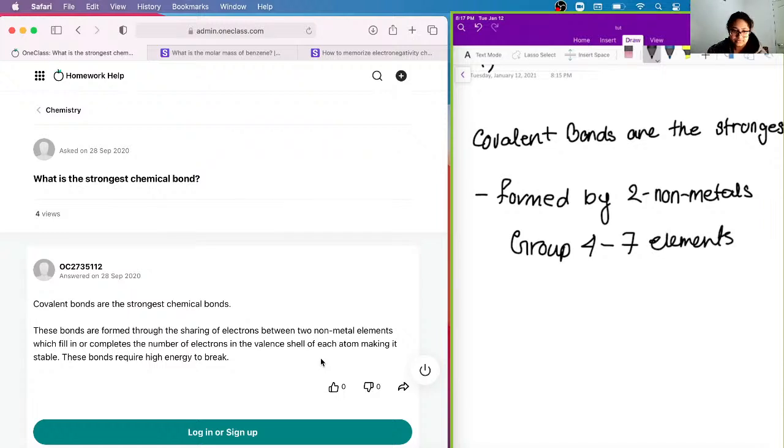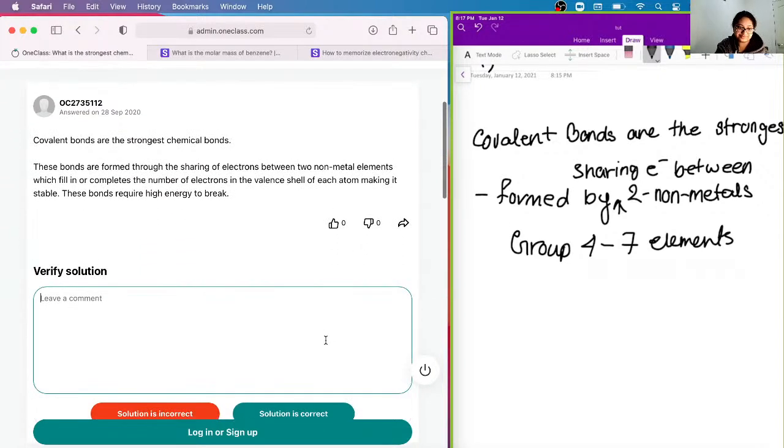So yeah, these bonds are formed through the sharing of electrons between two nonmetals, which fills in or completes the number of electrons in the valence shell of each atom, making it stable. And these bonds require high energy. So this is correct.